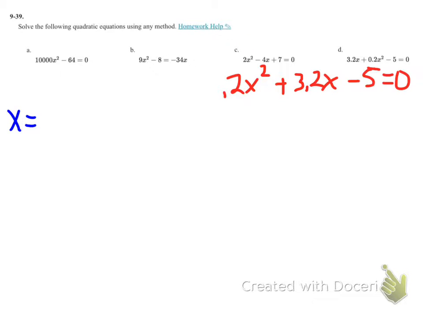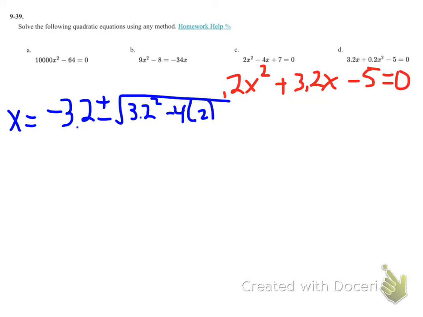The opposite of my b value is a negative 3.2 plus or minus the square root of 3.2 squared minus 4 times 0.2 times negative 5, divided by 2 times 0.2.